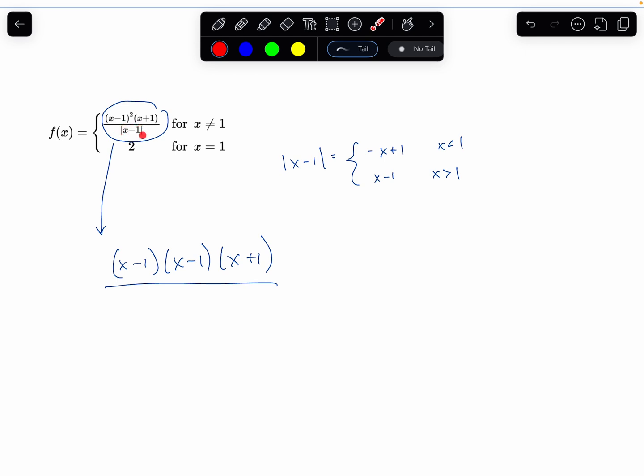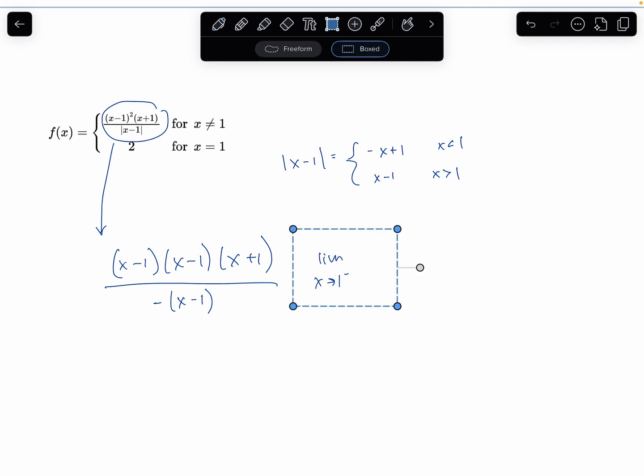The first one, from the left side, I'm going to use negative x plus 1. I'm actually just going to write it as negative and then x minus 1. They're the same thing. So this is the same thing as this right here, just you'd have to distribute that. And then, let's do the limit as x approaches 1 from the left. I'll put this right here.